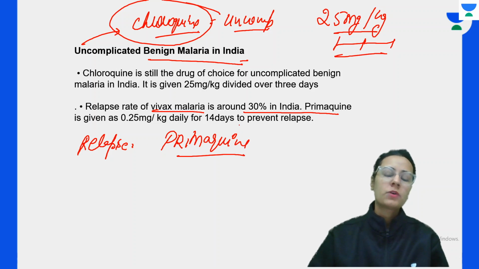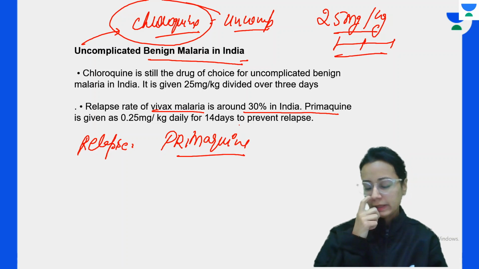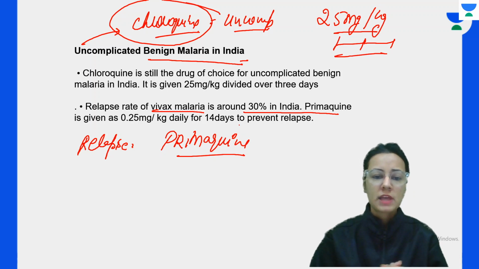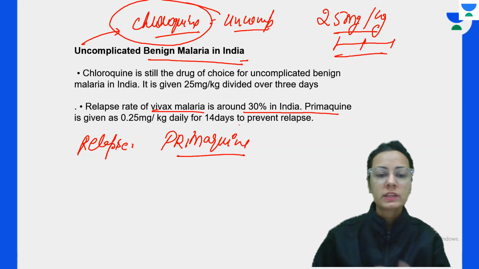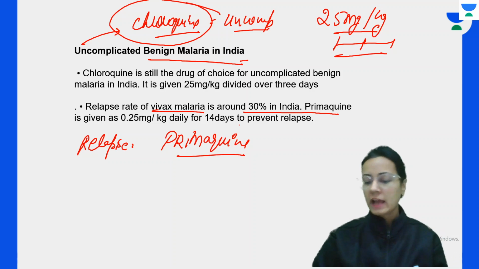Therefore we read about when it is transmitted by vertical transmission or by blood transfusion. The infective form was the merozoites, and relapse was not there because no liver stage was involved in that. Therefore primaquine is not given, as primaquine is given for the relapse cases.